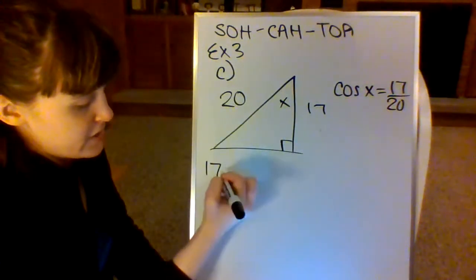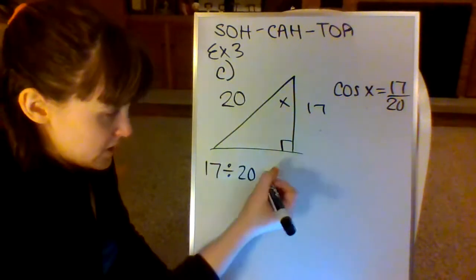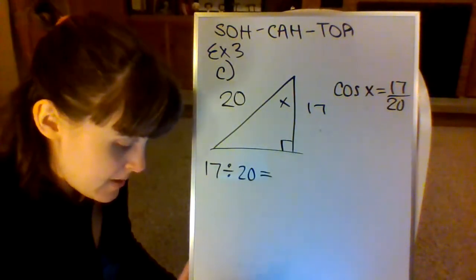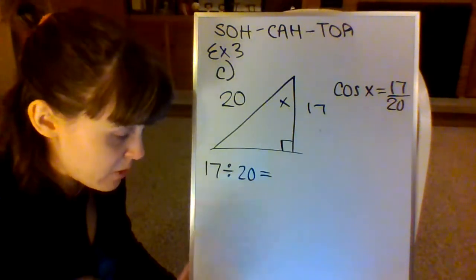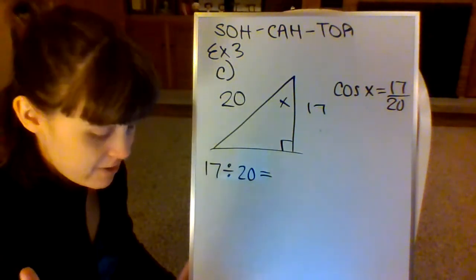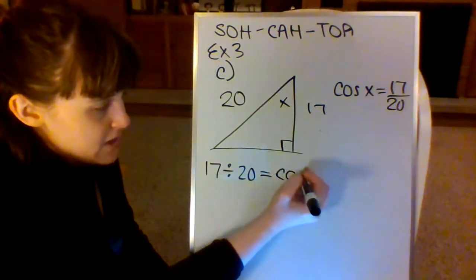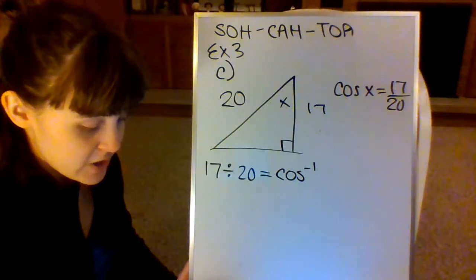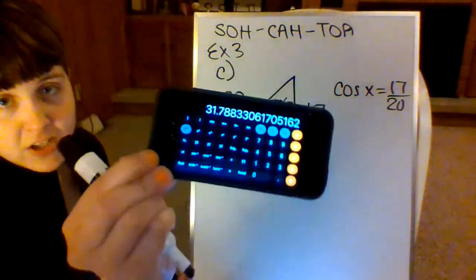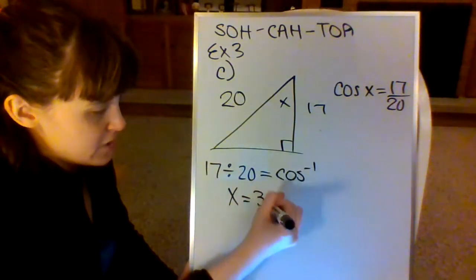So on your calculator, 17 divided by 20 equals, and then we're already in the mode to do the inverses, so you're going to press cosine inverse, the one that looks like this. And if you round to the nearest degree, that would be 32 degrees. So x equals 32 degrees.